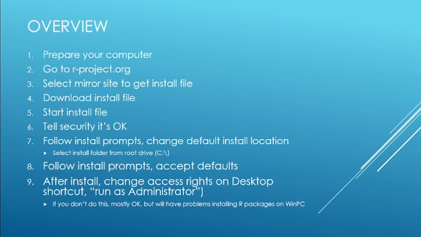It'll try to install packages into your personal folder, which most likely by default is your OneDrive, and we don't want that. So the workaround is to change the access rights on the desktop shortcut so that it'll always run as an administrator.